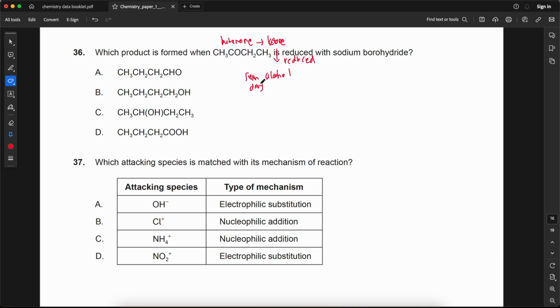But for the ketone, a secondary alcohol, when it is oxidized, will produce ketone, and when it is reduced, it goes back to the secondary alcohol. So this is carboxylic acid, this primary alcohol, this secondary alcohol, this primary alcohol. The answer is C, because OH is on the second C, so it's a secondary alcohol.